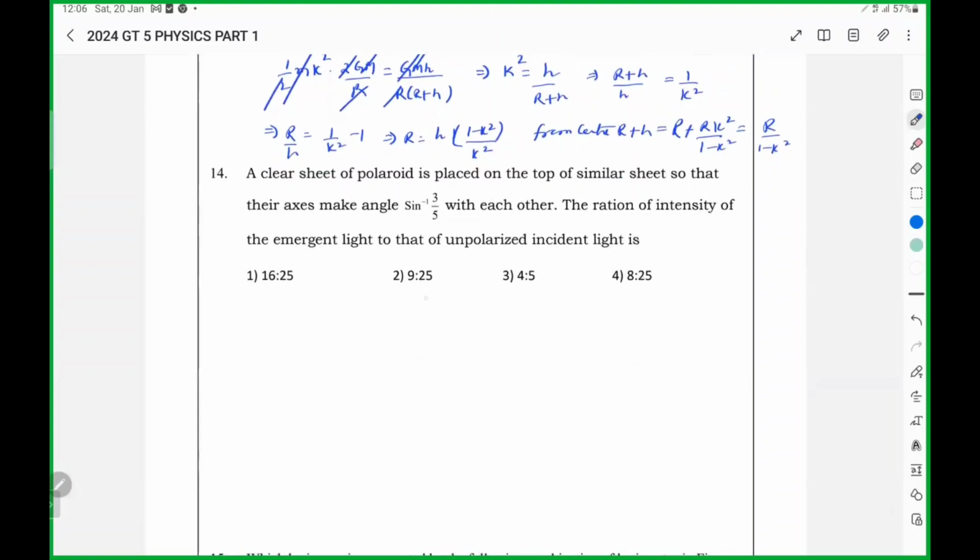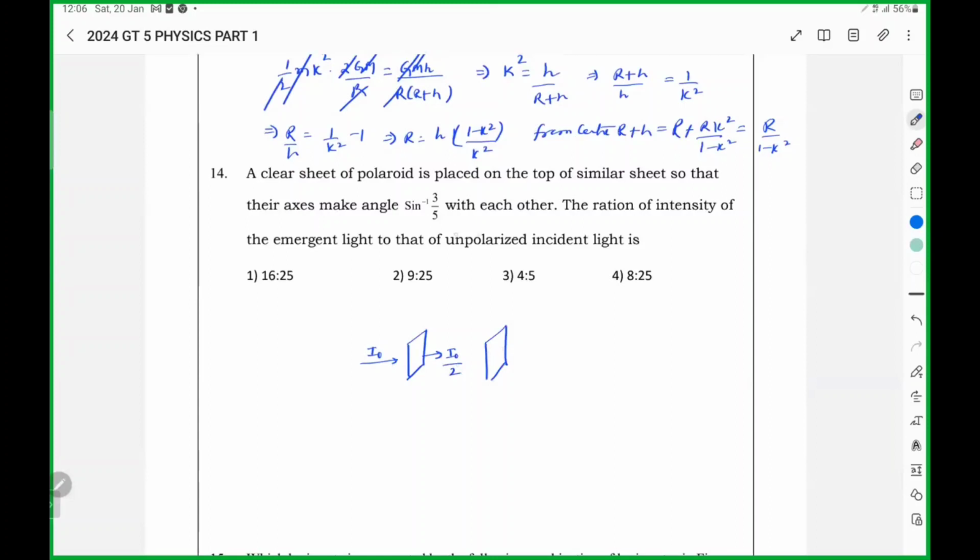A clear sheet of Polaroid is placed on the top of a similar sheet. Unpolarized light of intensity I naught enters through one Polaroid and intensity becomes half.